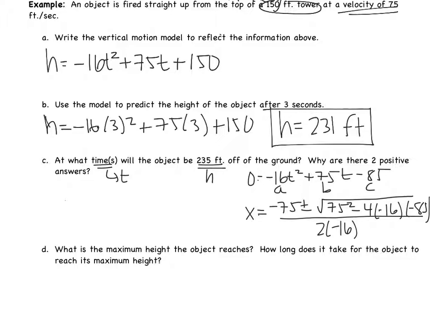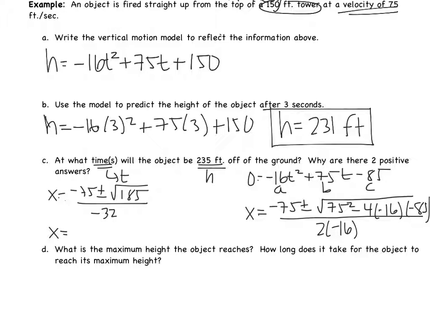If I start with the stuff underneath the square root, I get negative 75 plus or minus the square root of 185 all over negative 32. Okay, so now in this case, there's two answers. There's the negative 75 plus and the negative 75 minus.